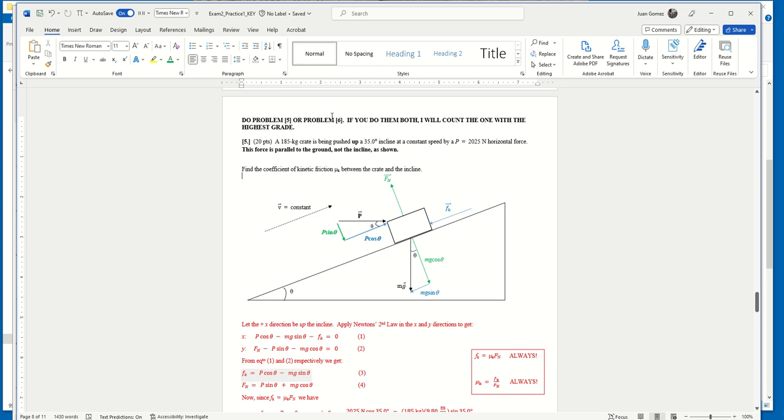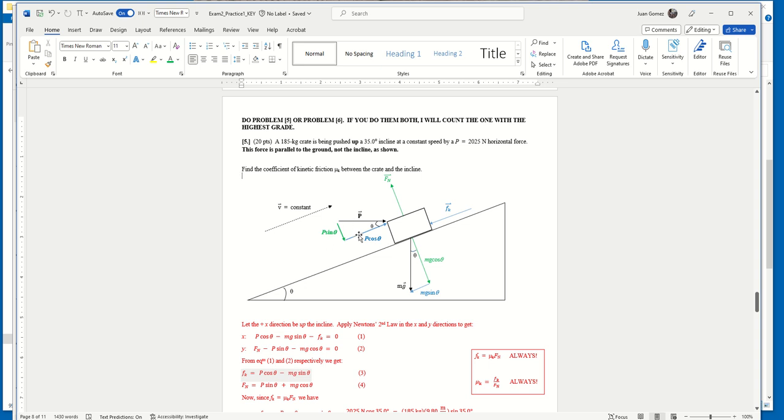Now remember, because the crate is being pushed up the incline at a constant speed, I indicate here v equals constant with this dotted arrow, that's the positive x direction. So in terms of the x direction, P cosine theta is positive. Fk and mg sine theta are negative. In terms of the y direction, nothing complicated. Fn is positive, P sine theta and mg cosine theta are negative.